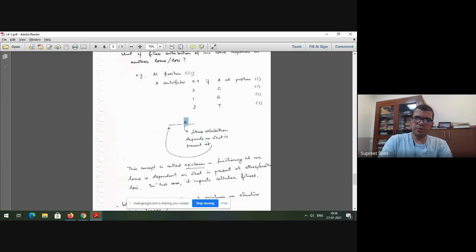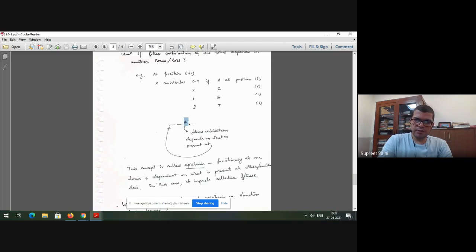This A contributes 0.5 if at position 1 there is an A. However, the same A contributes fitness 2 if at position 1 there is a C. The same A at position 3 contributes 1 if position 1 has a G, and this A contributes 3 to fitness if position 1 has a T. Similarly we would have similar mappings if position 3 had a T, G or C. This is only shown for A.